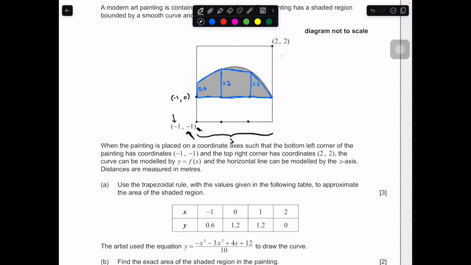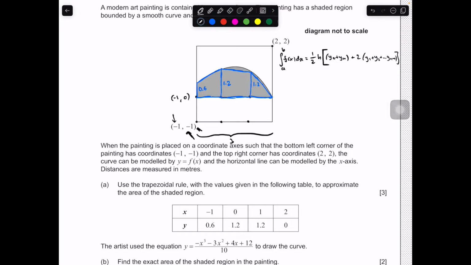It's the area under a curve with some starting point and ending point of some function f of x, and it can be given by 1/2 h, and then we open up some brackets, and we have y0 plus yn, the starting y value plus the final y value, plus 2 times y1 plus y2 plus all the way up to yn minus 1.